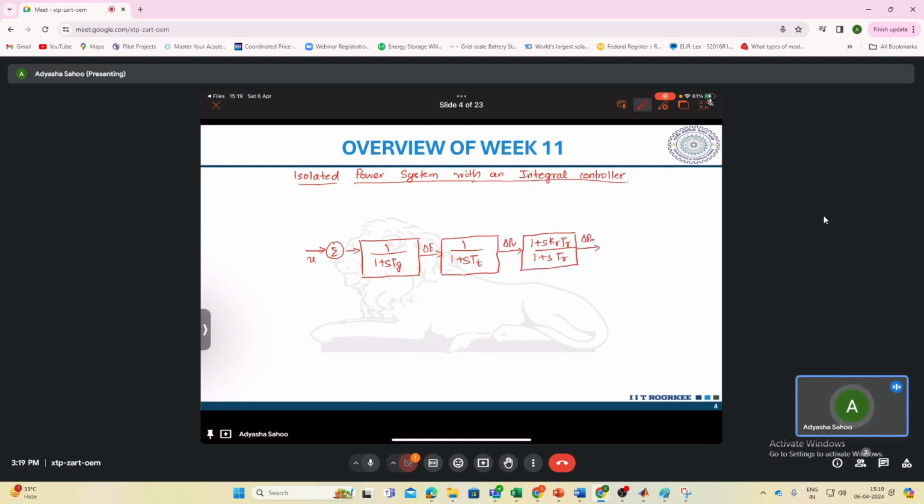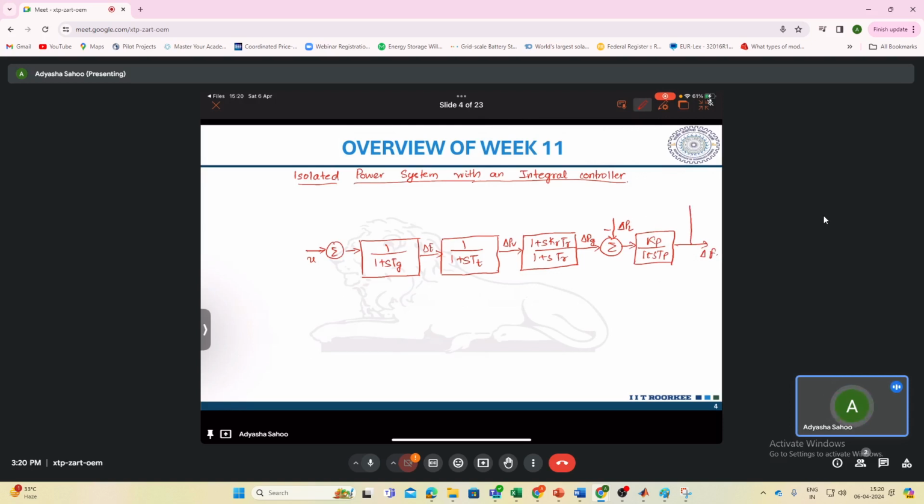Finally we get delta PG, and here the disturbance is negative, followed by your Kp by 1 plus S Tp, that will give delta F.